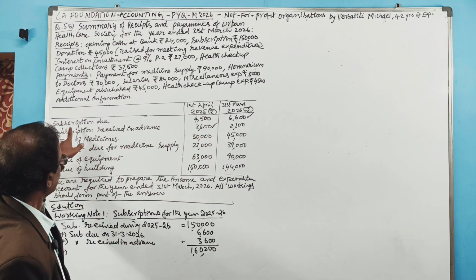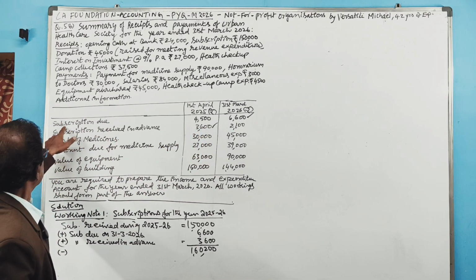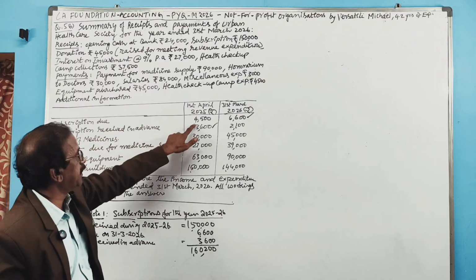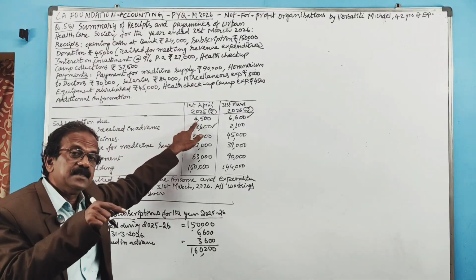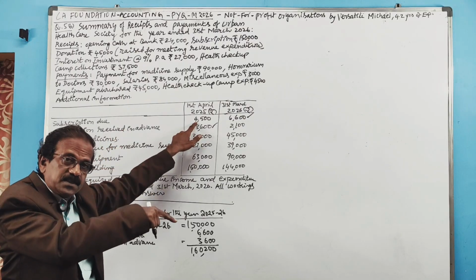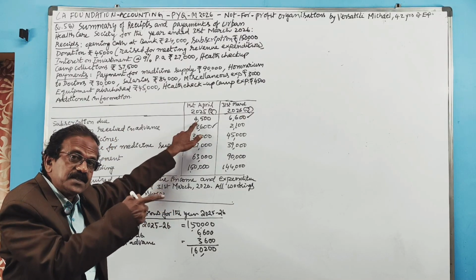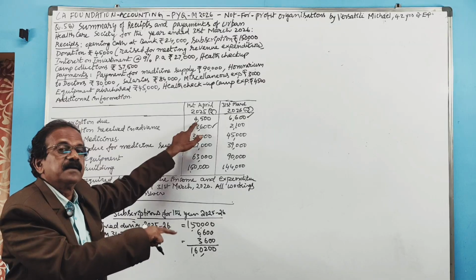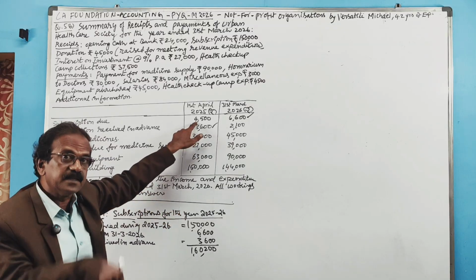Now from this you have to subtract two items. Subscription due in the beginning means it relates to last year and was not received in that year. We should assume it is received this year.